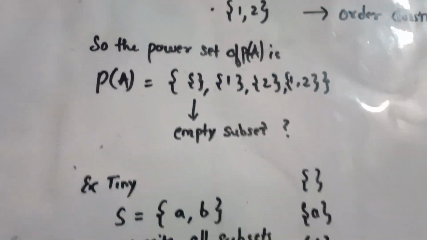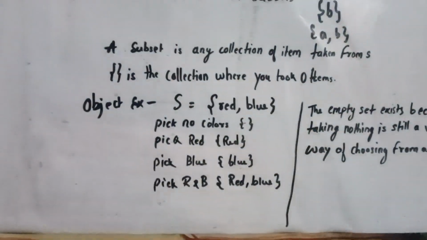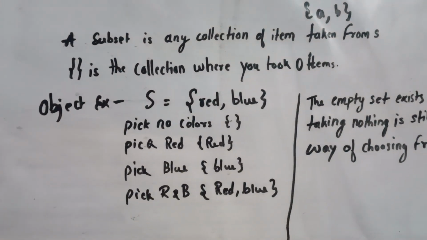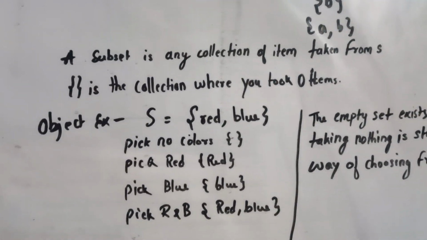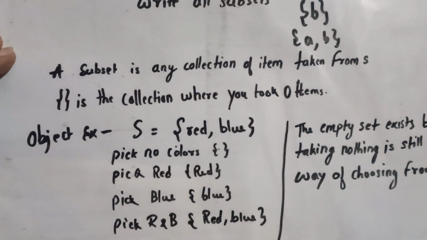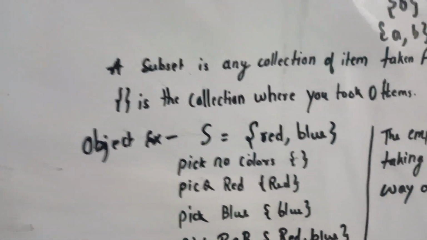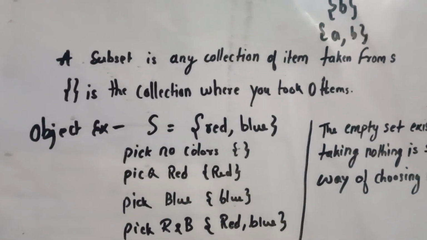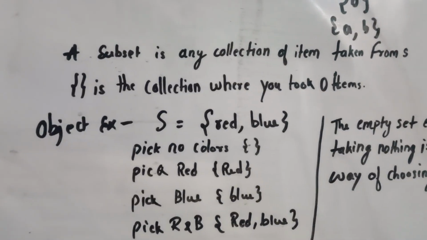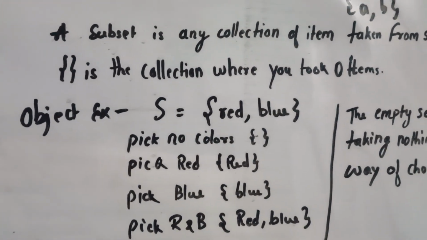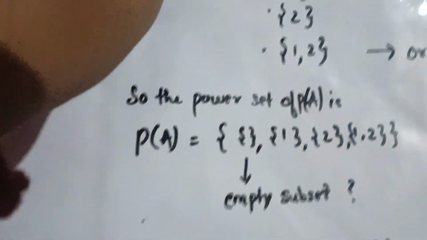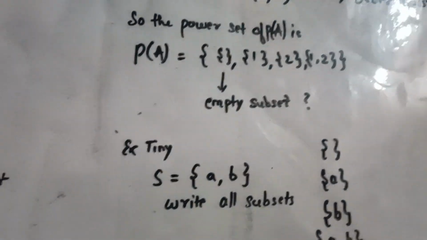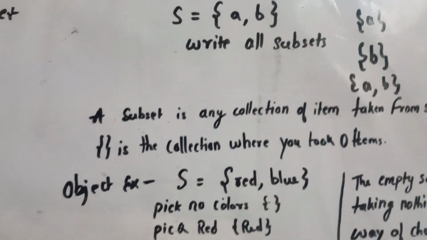So the empty subset is basically nothing, like we are choosing nothing, like 0. In order to understand more, a subset is any collection of items taken from S. The empty set is a collection where you took 0 items. You didn't choose any of this 1 or 2. You just chose nothing. That's why.